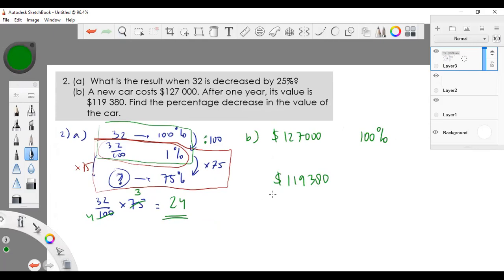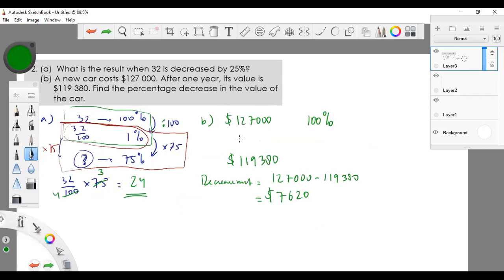So you have to subtract first. The decrease is 127,000 subtract 119,380. You may use your calculator. You will get $7,620, the decrease, of course. The question is the percentage decrease.